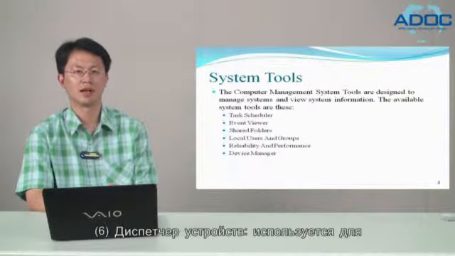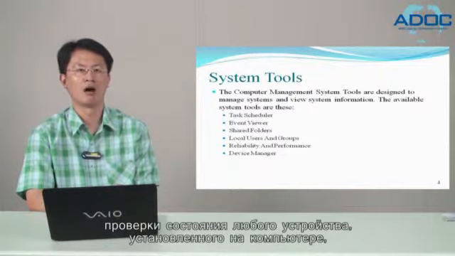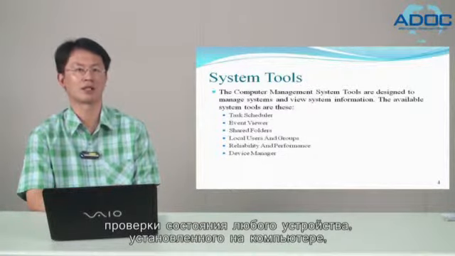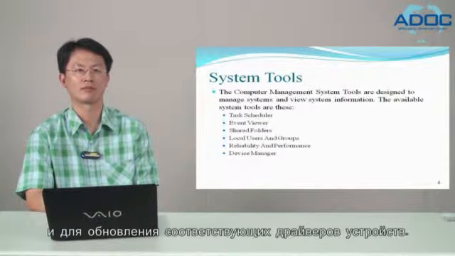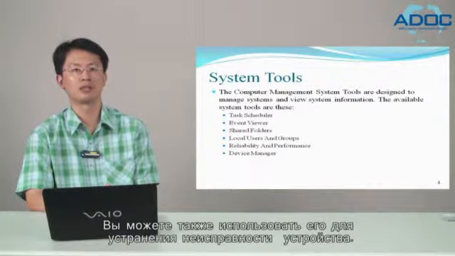Sixth, Device Manager. Used as a central location for checking the status of any device installed on a computer and for updating the associated device drivers. You can also use it to troubleshoot device problems.